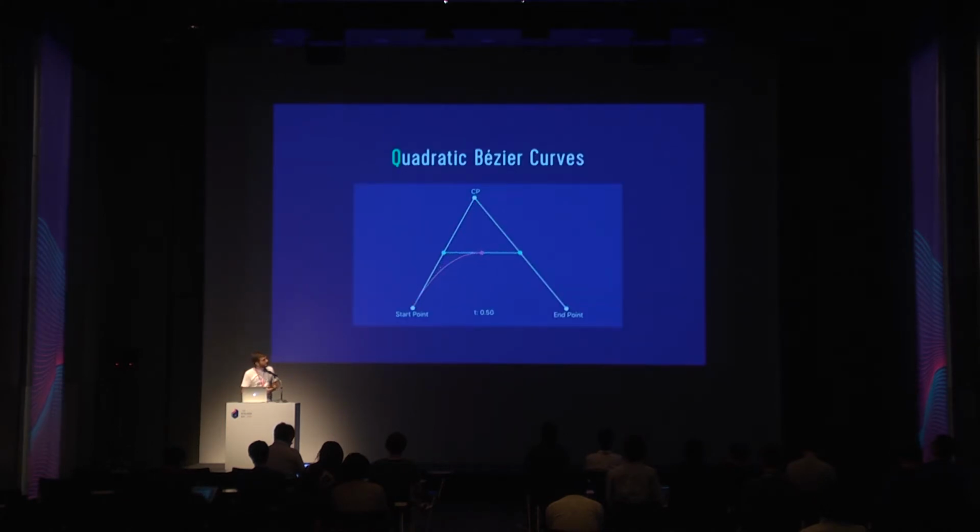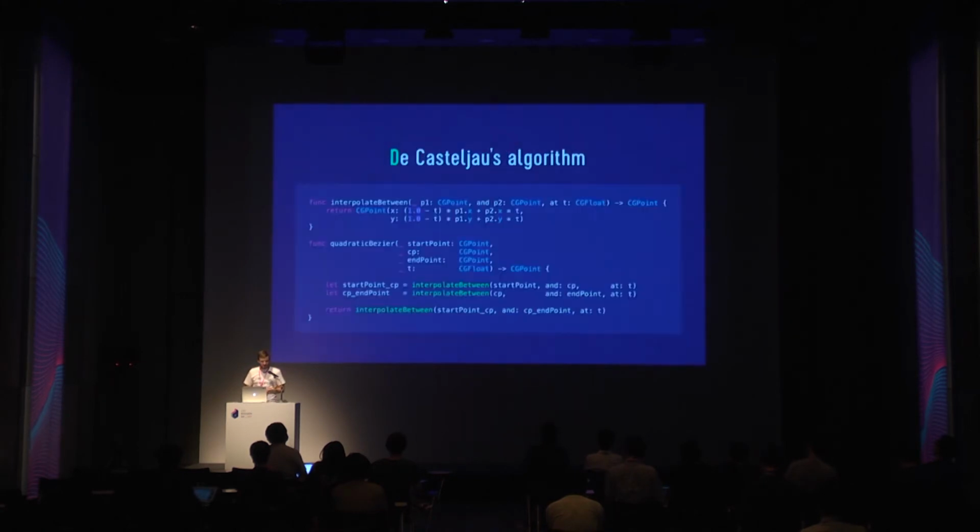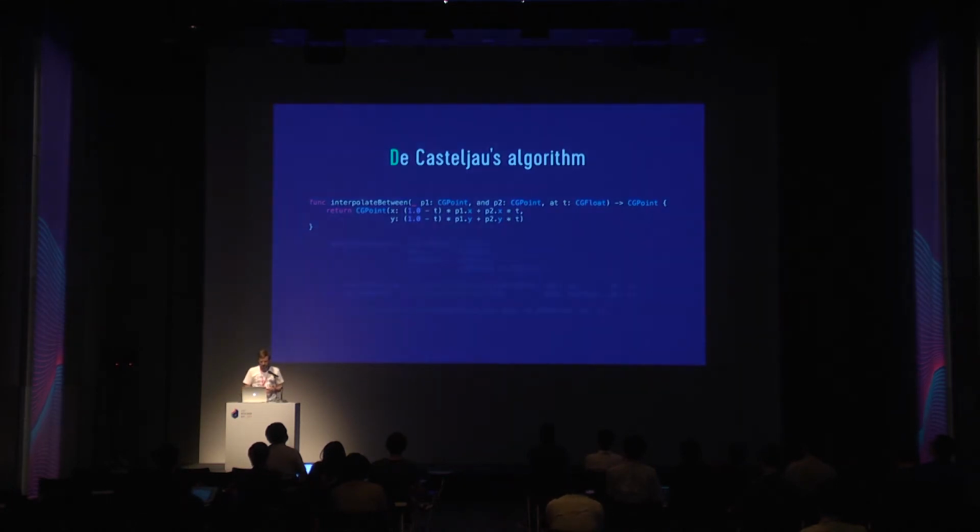This is a visualized representation of the algorithm. We interpolate between the start point and control point, and between the control point and end point. And we have a t that runs from 0 to 1, where at 0 we are at the start point, and at 1 we are at the end point. Let's go through this step by step. This is the heart of the algorithm.